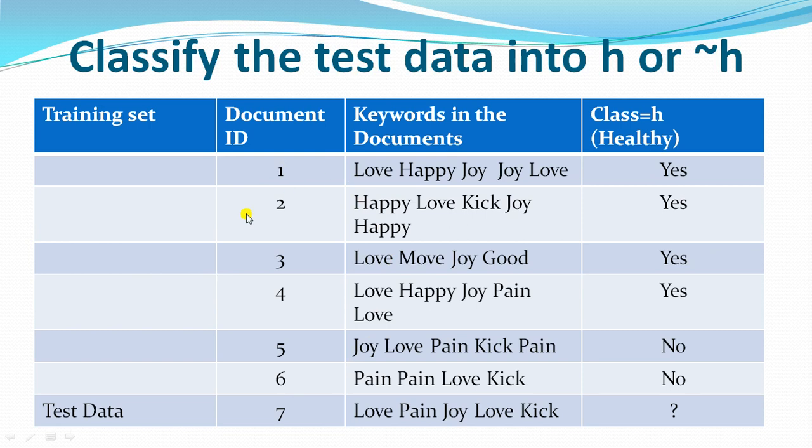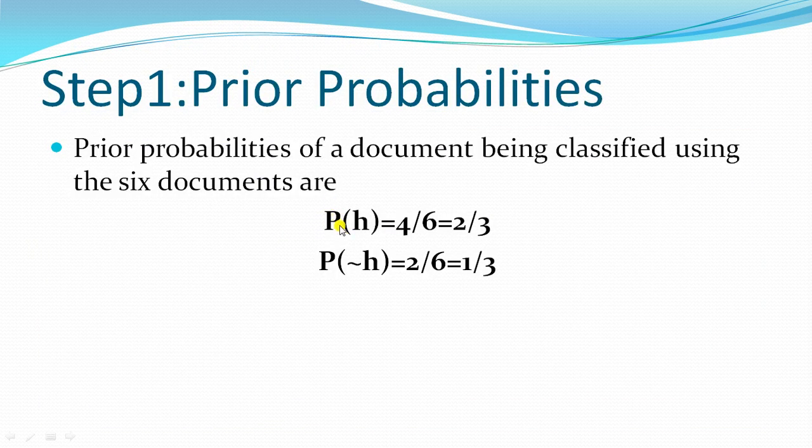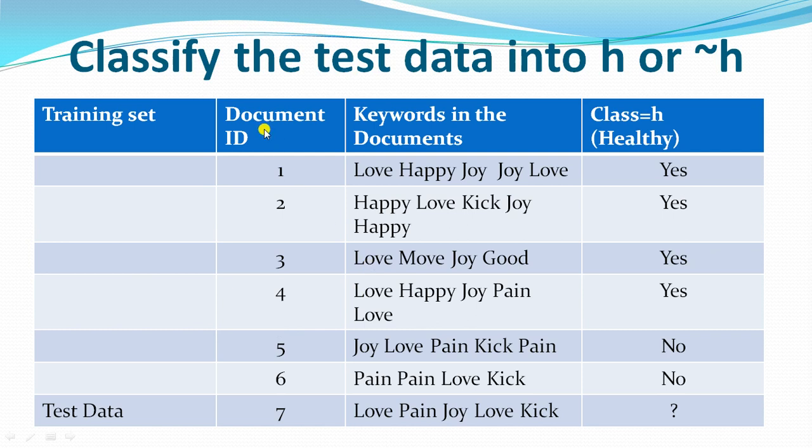We should consider all the documents and end up with a probability for both H and negation of H. The first is the probability of H and the second is the probability of negation of H, or in other words, the yes documents and the no documents. Documents 1, 2, 3 and 4 are all in class yes, so that is one category.